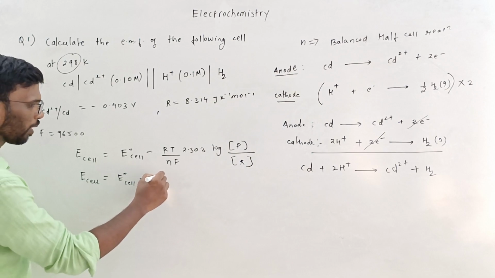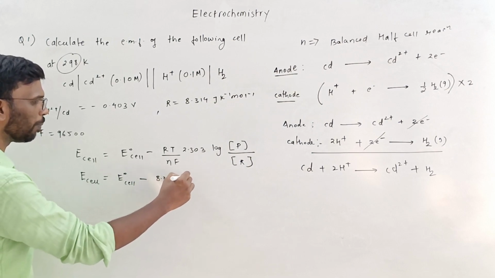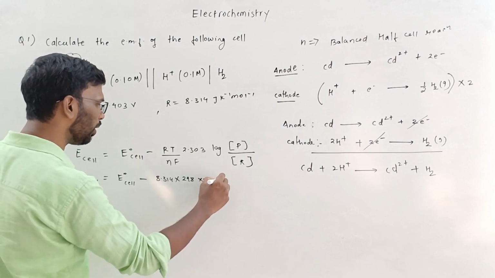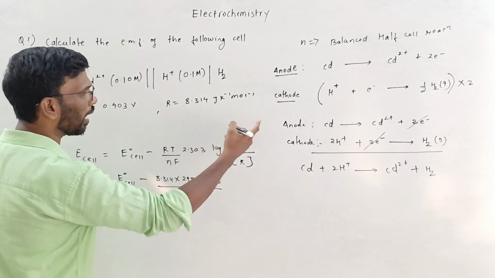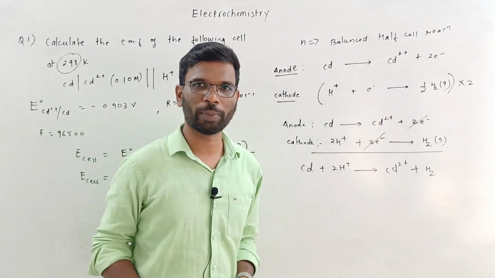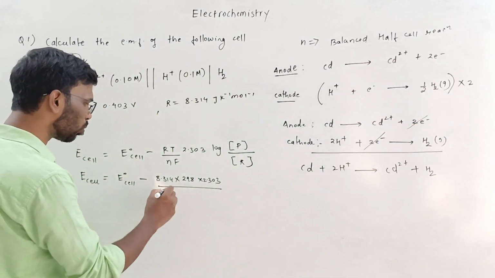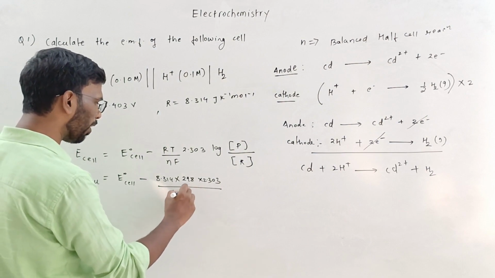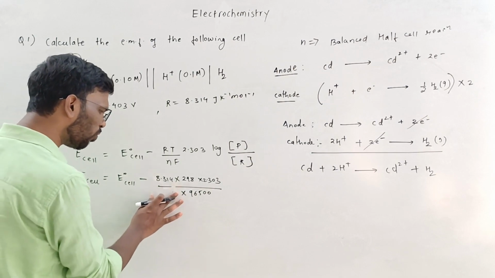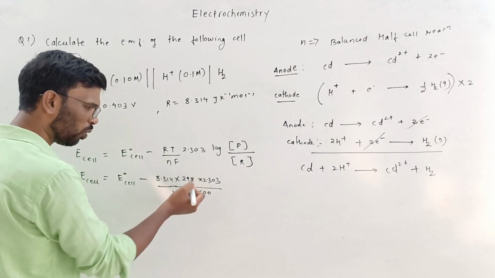R is 8.314, temperature 298 Kelvin, this is 2.303. N is the number of electrons getting transferred in the balanced equation, so N is equal to 2, and Faraday is 96500. As of now I'll put this as N only because I want to teach you something.